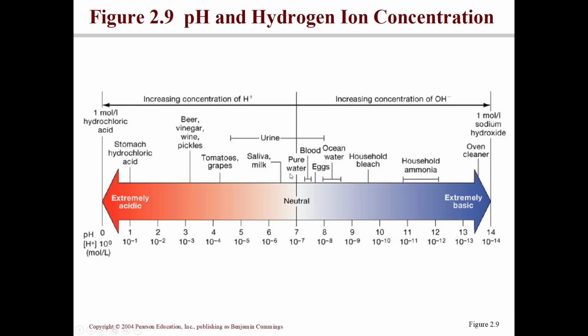As we move to the middle at neutral, 7, we see pure water and blood. And as we go from 8 to 14, these are the bases, and will include things like ocean water, bleach, ammonia, oven cleaner, all household things that are basic.